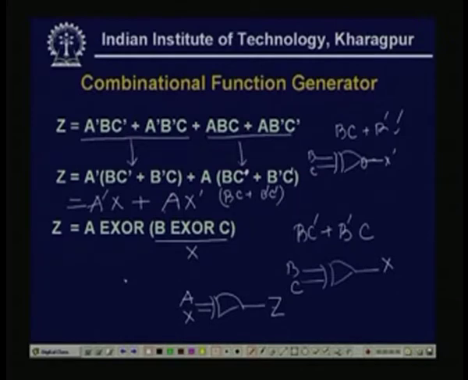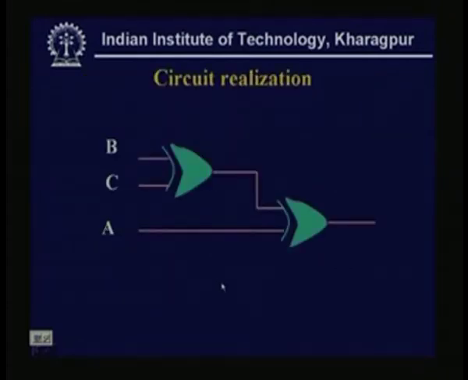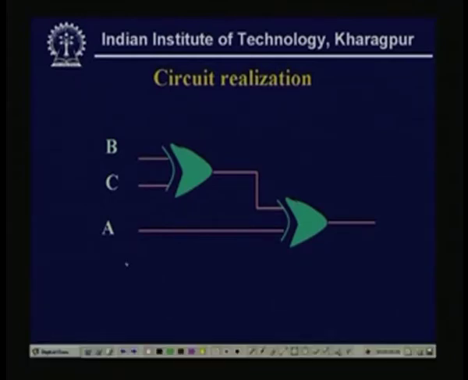So, the same function I can realize by this circuit. See that this is my B XOR C. So, this is my x equal to B XOR C, or we can give a different notation.